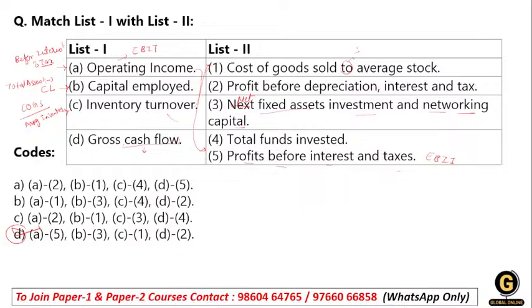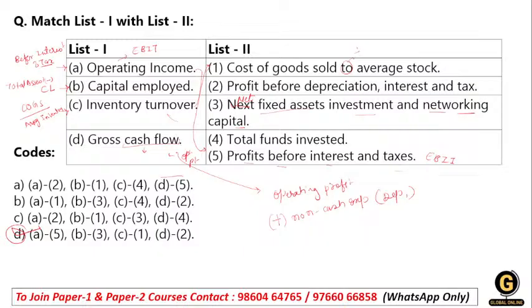It includes operating profit plus non-cash expenses like depreciation, which the company adds back.